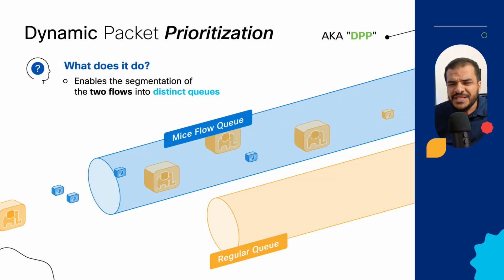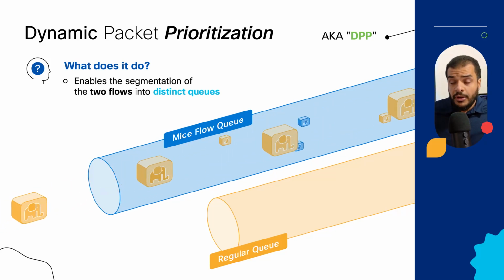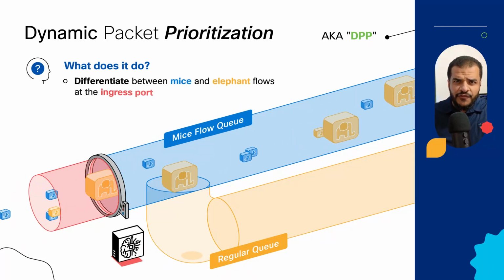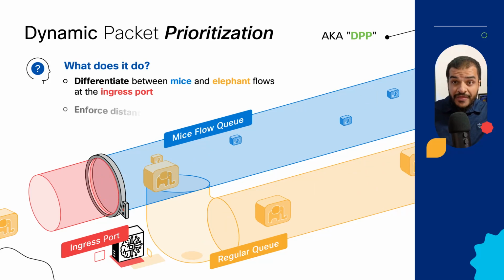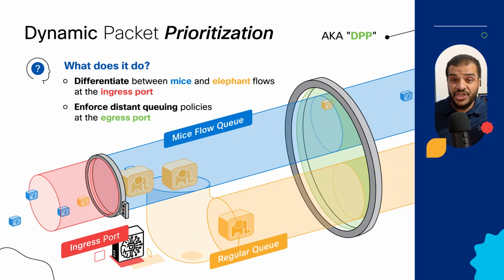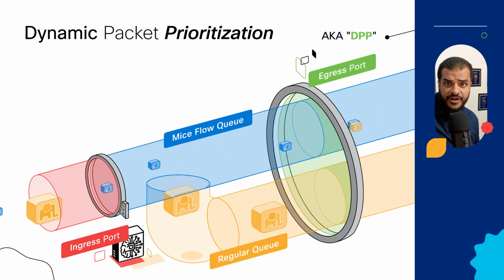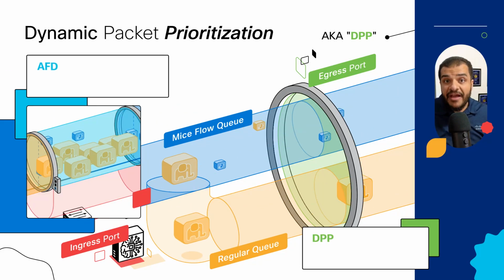Traditional queue management systems cannot achieve this separation due to their lack of flow awareness. So DPP comes to differentiate between mice and elephant flows at the ingress port and then enforce distinct queuing policies at the egress port.